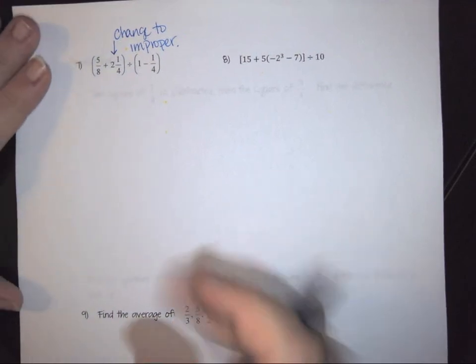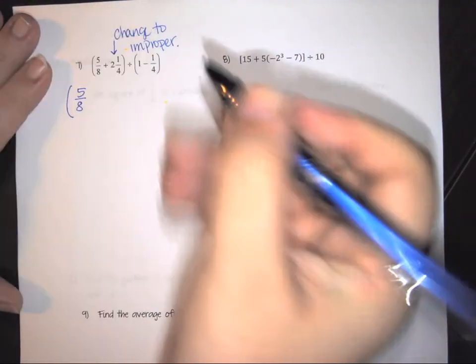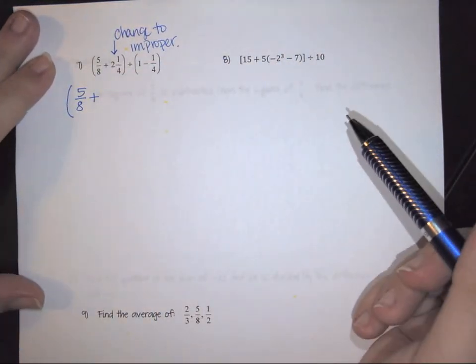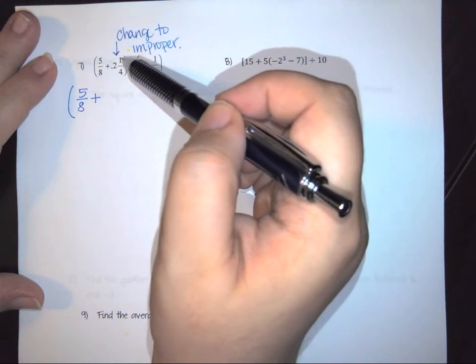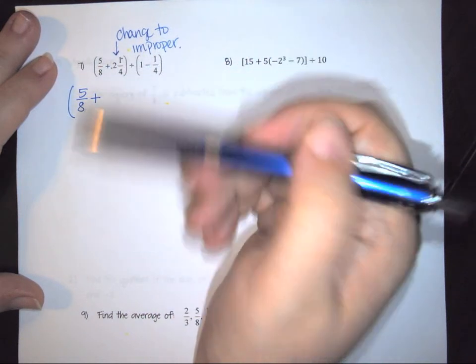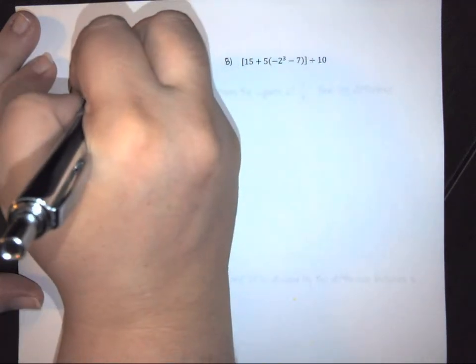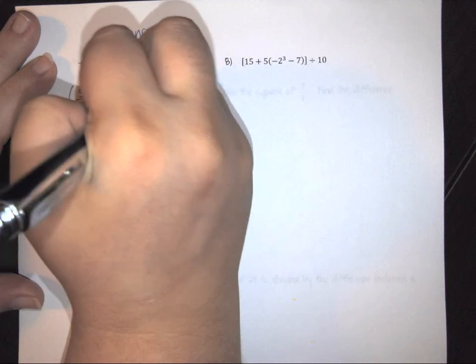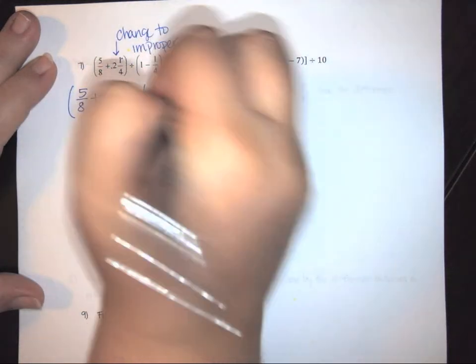In this first parentheses, I'm going to have 5 over 8, and this is going to be plus. And then remember, to change to improper, you take the bottom times the big number plus the top into the top. So 4 times 2 is 8 plus 1 is a 9, and then leave the bottom alone. This is being divided by 1 minus 1/4.